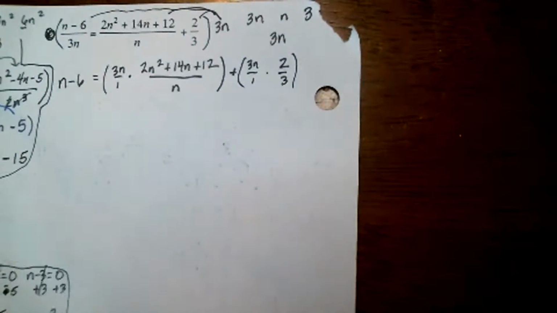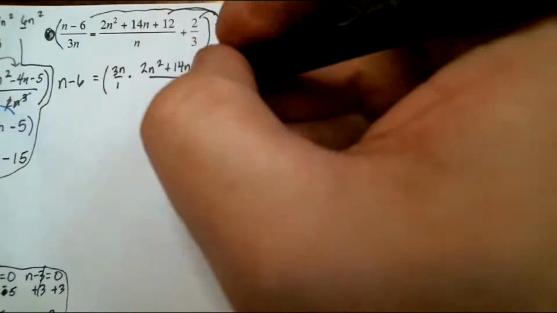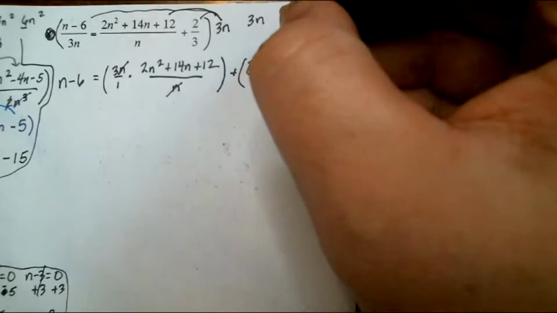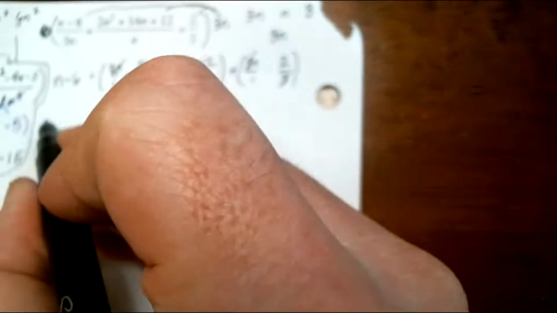So again, that's just the setup. Now let's cross simplify. The n's cancel there. The 3's cancel here. That leads me to this.